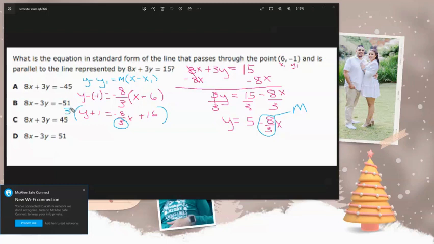We're going to multiply 3 by each term inside the parentheses. So this will be 3y plus 3 equals negative 8x.